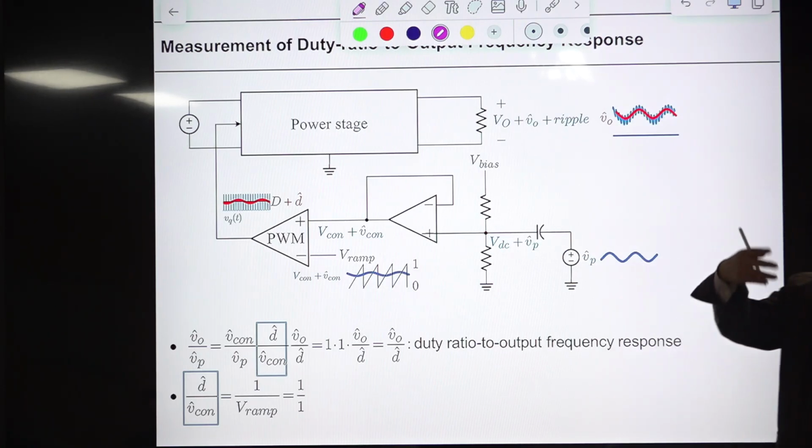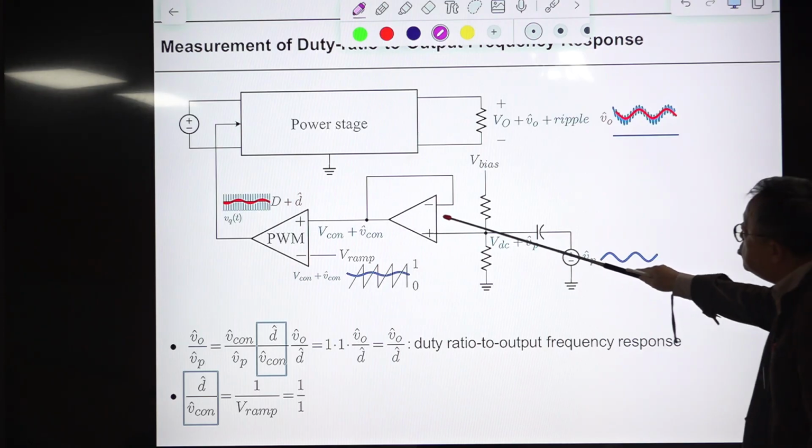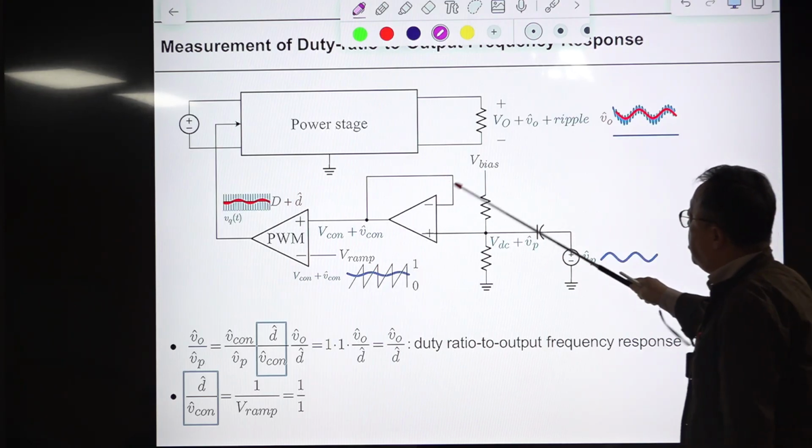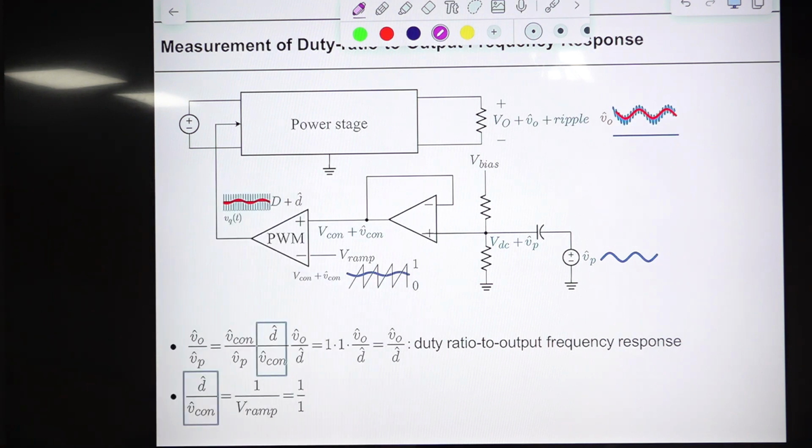We calculated that in the previous lecture slide, plus this one, okay? So VDC plus VP is going through this unit gain buffer. Then it becomes Vcon, Vcon hat.